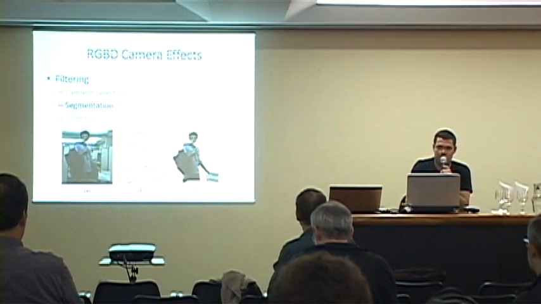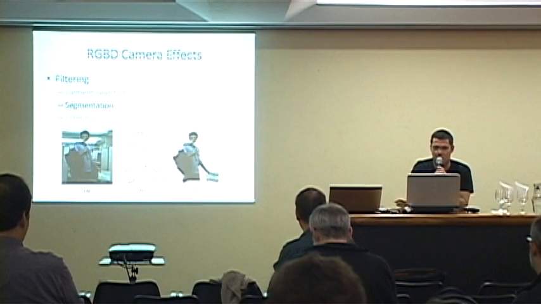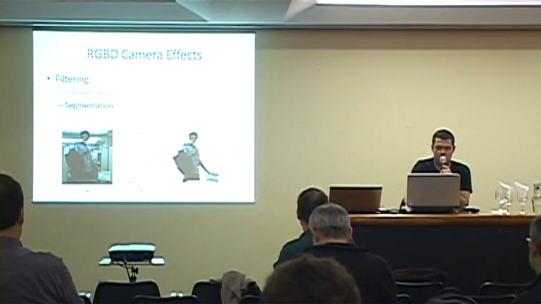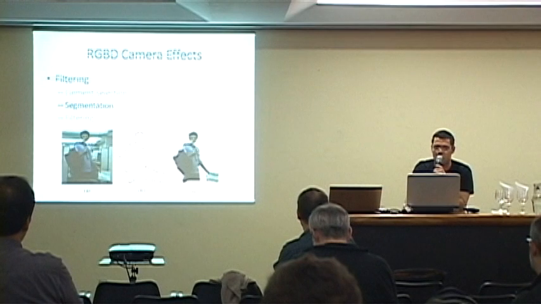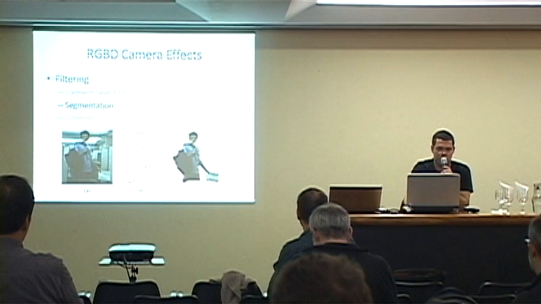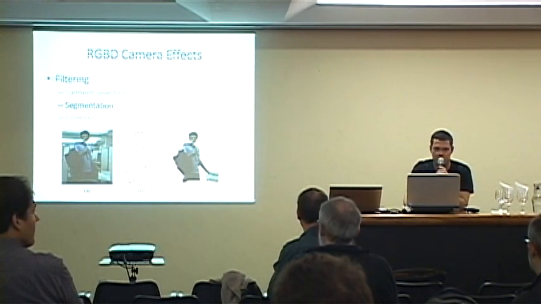If the depth data provided by the RGBD devices was perfect, the segmentation process would be very easy. It just uses the depth discontinuities. The problem that we have today is that the depth data is very noisy and has holes. Because of this, we need to apply some processing.